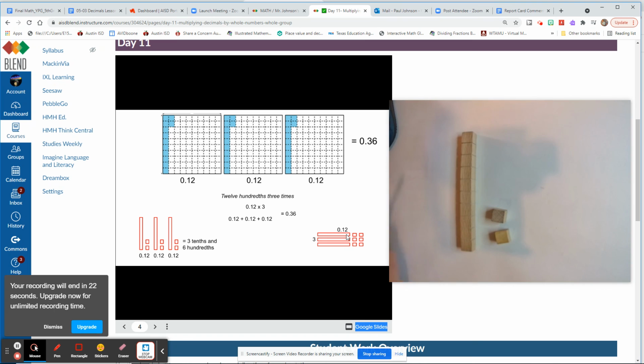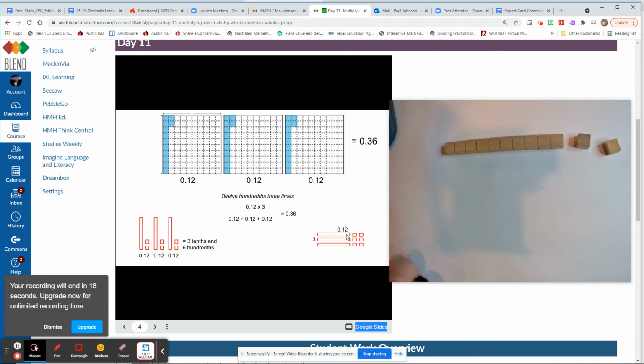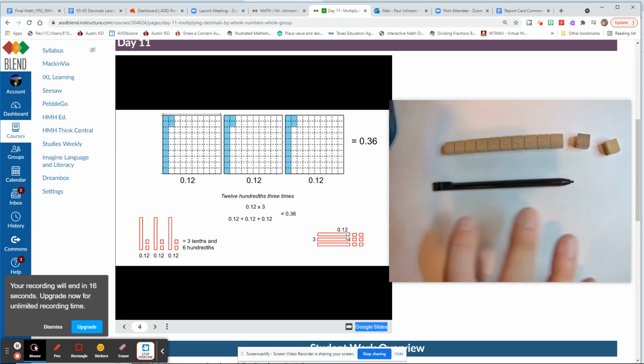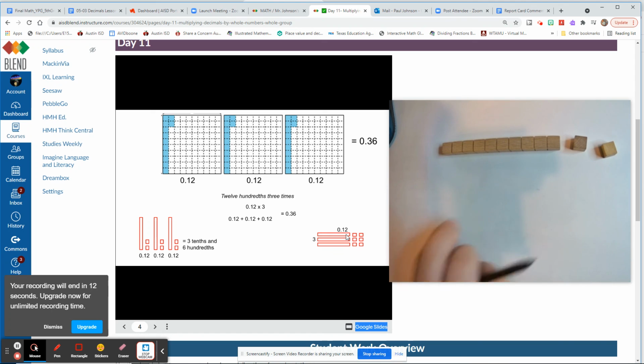If we build it with an array, we could put another group and then another group, and altogether we would have 3 groups of 12/100ths. In all of these situations, it equals 3/10ths and 6/100ths, or 36/100ths. Come back to the next video and I'll show you how to get that with an algorithm.